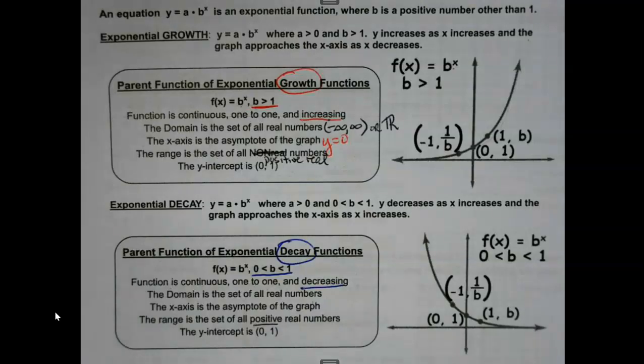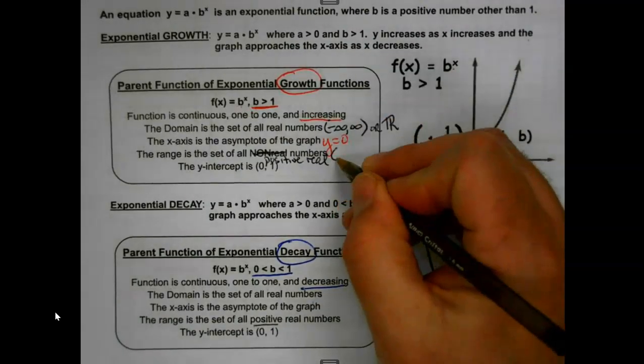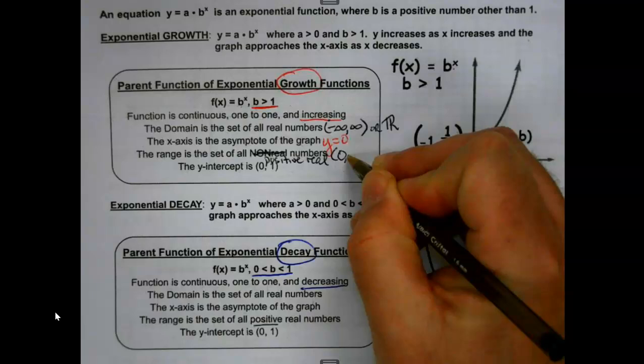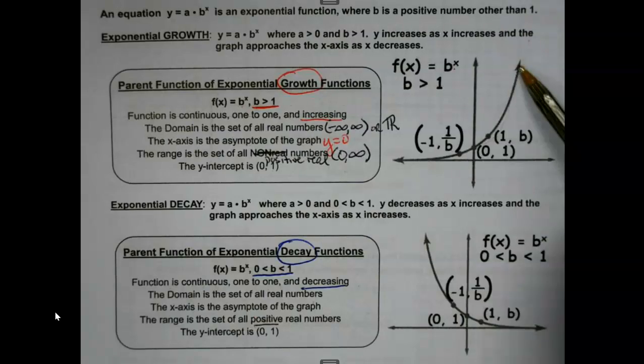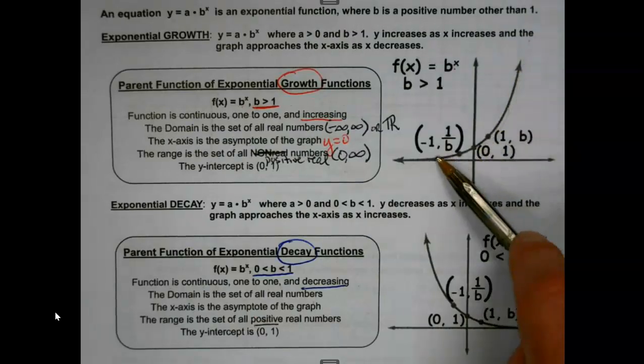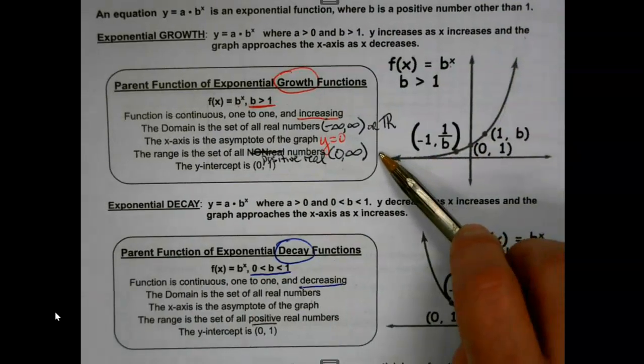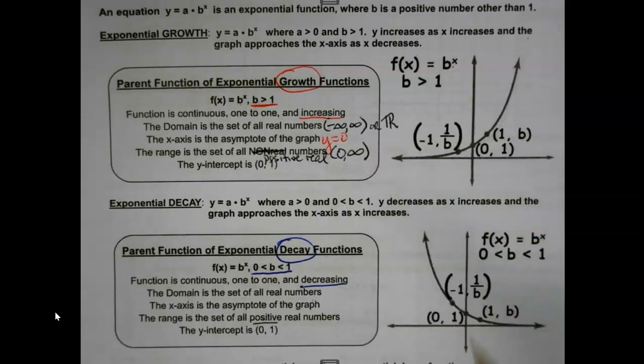All positive real numbers. So in other words, we start at 0 and we go to infinity. And that's true whether it's growth or decay. Because you'll notice here, yeah, it goes up forever, but as it comes down to the left, it hugs the axis, but it's never going through it. It's never getting to it.